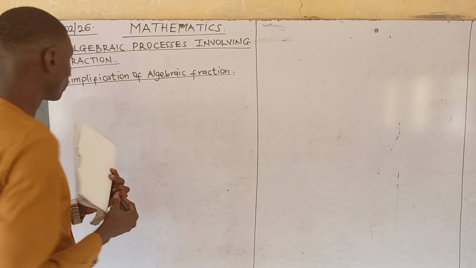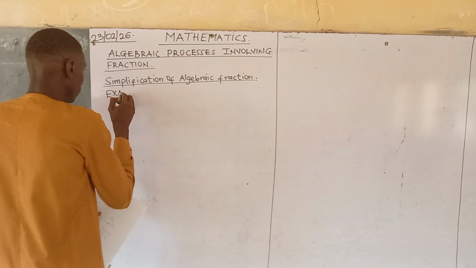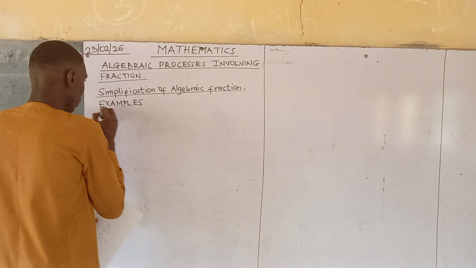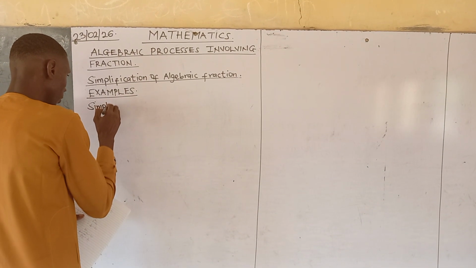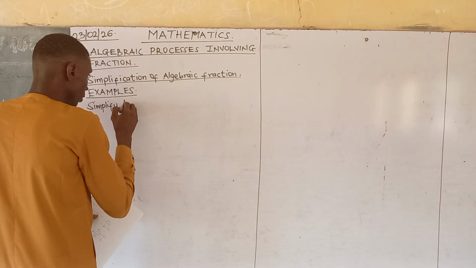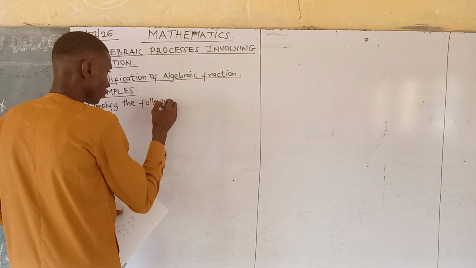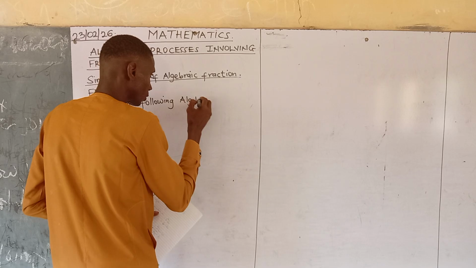So let's see some examples. Simplify the following algebraic fractions.